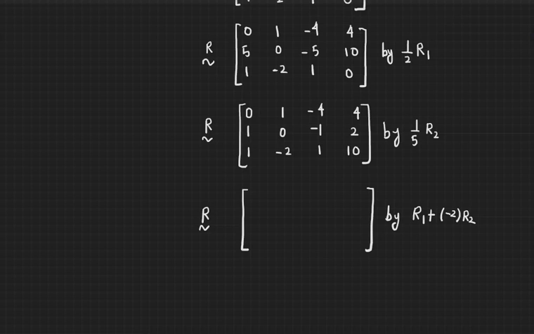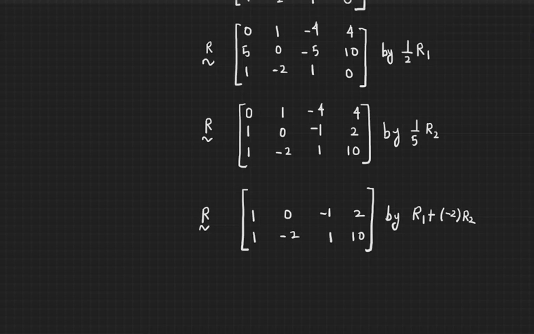Since we are replacing R1, R2 and R3 will remain the same. So we write down R2 as minus 1, 2, 1 and R3 as minus 2, 1 and 10. Replacing R1 by R1 plus minus 2 times R2.